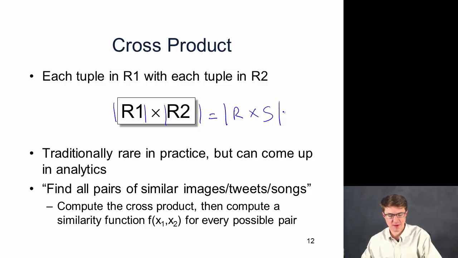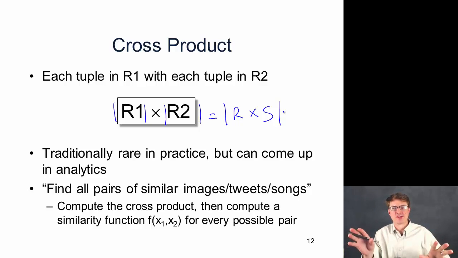So an example where you might see this, to give you a flavor of why this is coming up more and more often, is that you often want to find all pairs of objects that have some similarity condition. While in any particular instance of this problem there might be tricks to do this more efficiently, the brute force method of just generating all possible pairs and then applying some function to determine their similarity is often used in practice.